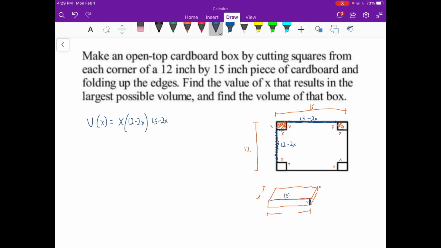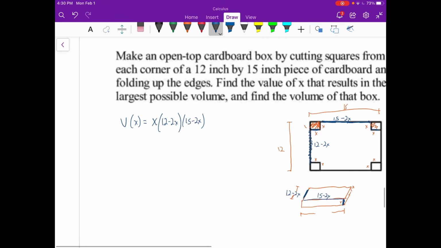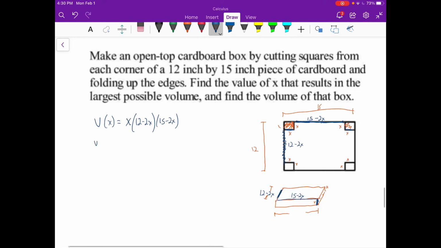Here's the 15 minus 2x, and the 12 minus 2x would be this one. So that's our volume. And we want to find the maximum volume. And so what we'll do is we'll multiply this function out, and then we'll once again find the critical numbers.